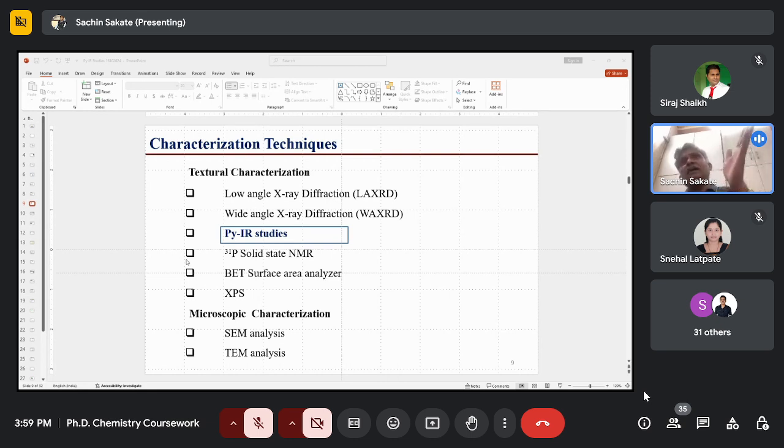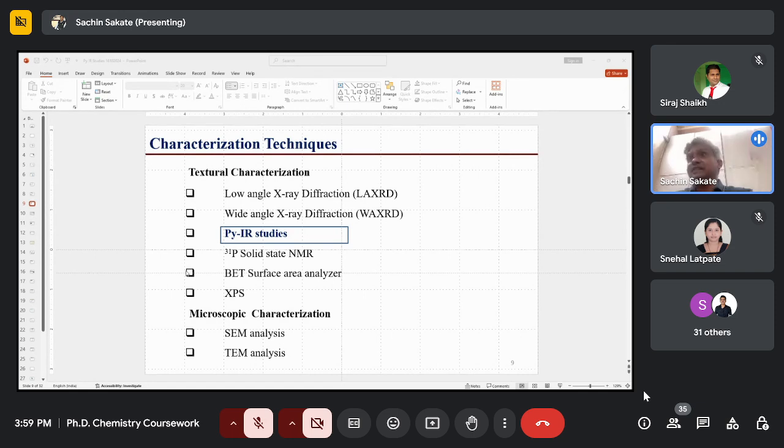And now these are the textural characterizations, or these are the textural characterizations which are dealt with. I will tell you very clearly that these are the surface characterizations. Surface, remember all this.